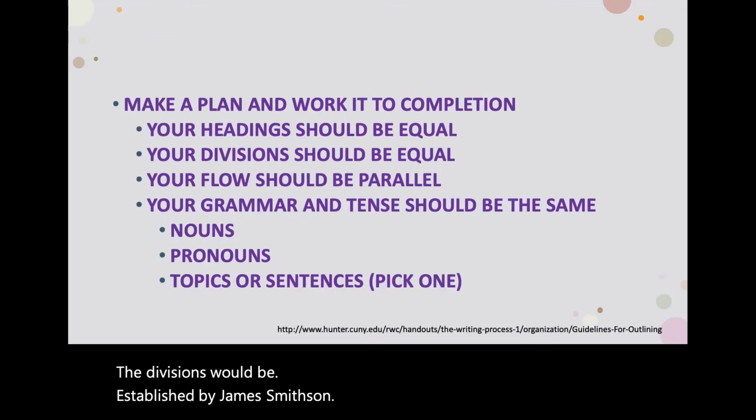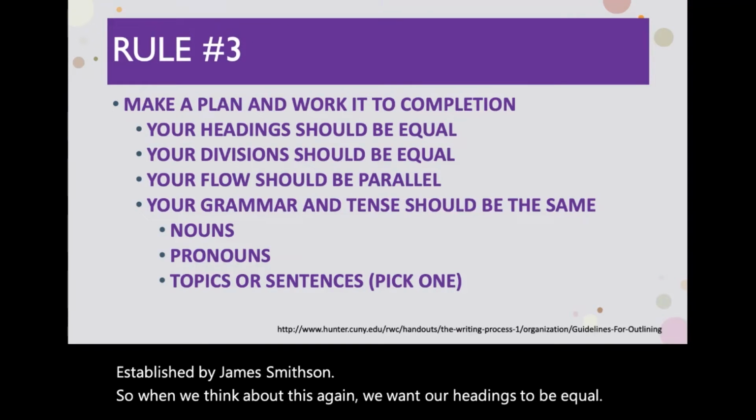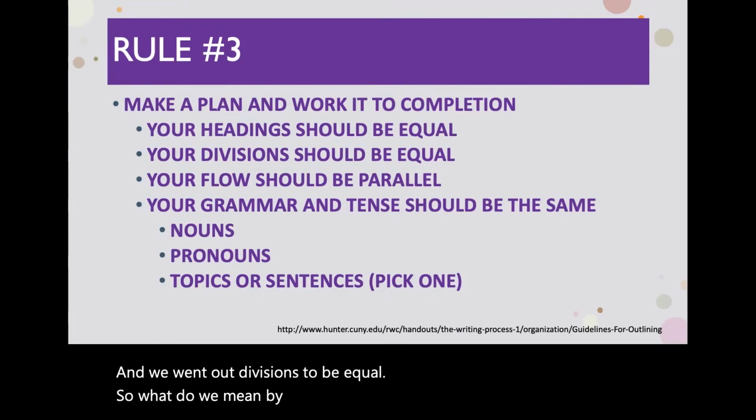So when we think about this, again, we want our headings to be equal and we want our divisions to be equal. So what do we mean by equal? Well, we want to make sure first that our flow is parallel.